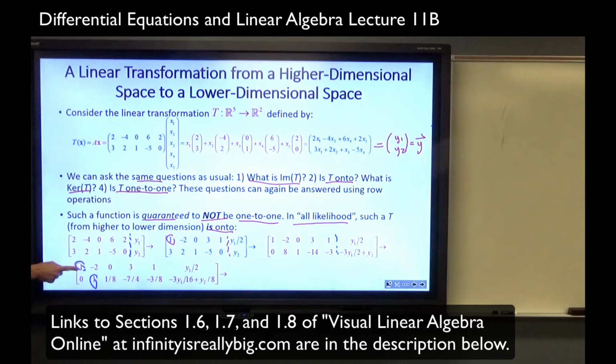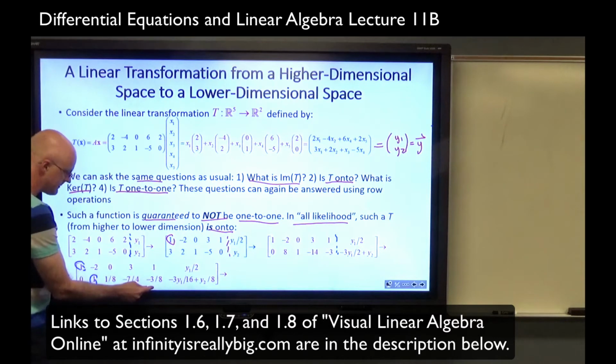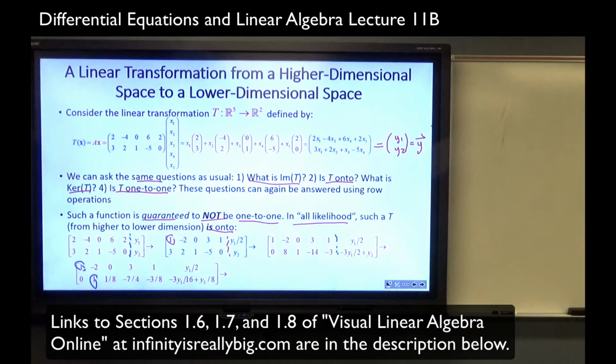That will not affect this one because of the 0 there, but we will get a 0 here, which is what we want. 2 times 1/8 is 1/4. 1/4 plus 0 is 1/4. We'll get a 1/4 there. Negative 7/4 times 2 is negative 7/2, which is negative 3.5, plus 3 is negative 1/2. This thing times 2 will be negative 3/4, plus 1 will be positive 1/4.